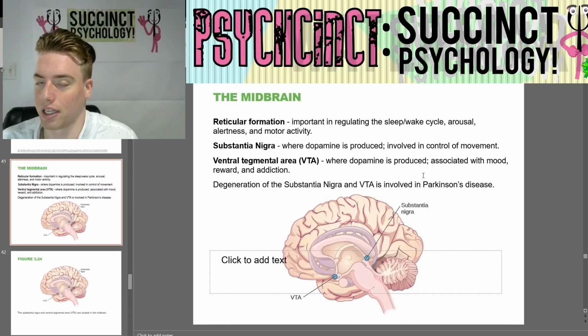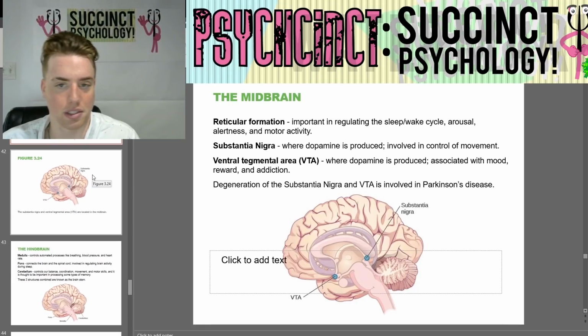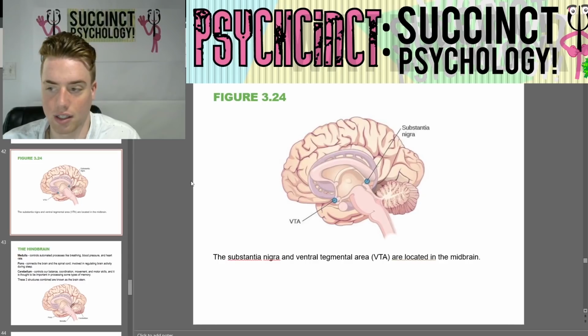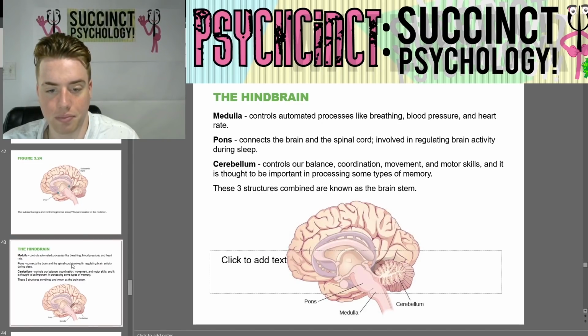That is associated with mood, reward, and addiction. So degeneration of the substantia nigra and VTA is involved in Parkinson's disease. So degeneration of that is what leads to Parkinson's, and Parkinson's is not a fun thing to have. So here again, you can see where they're located in the midbrain.